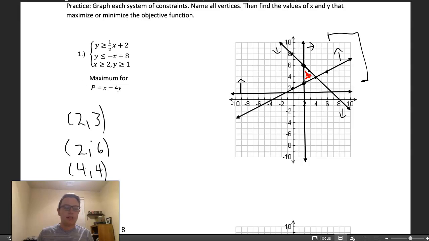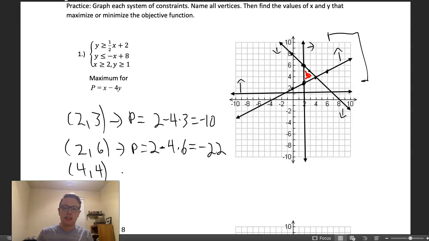What do we do now that we have our points? We substitute them back into this p equation. So p for this first one will be equal to 2 minus 4 times 3, which will be minus 10. What about for (2, 6)? p is going to be equal to 2 times 4 minus 4 times 6. So that'll be 2 minus 24, or minus 22.